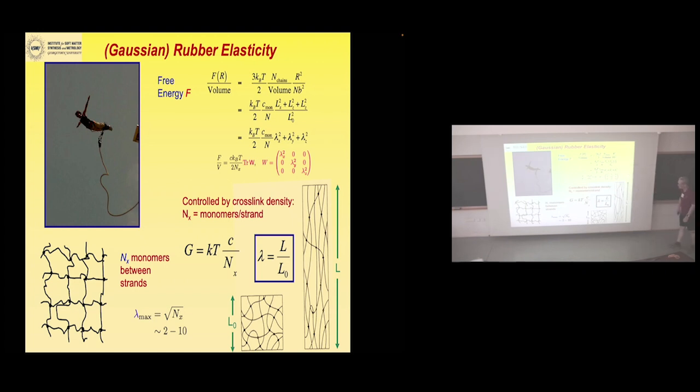Okay, and so there is a maximum stretch that you can get to, and that depends on how many monomers there are between your crosslinks. And that maximum stretch is actually the square root of the number of monomers between crosslinks, which is typically 2 to 10, or even larger, depending on how stretchy you make your rubber, depending on how many monomers you can get between your entanglements.